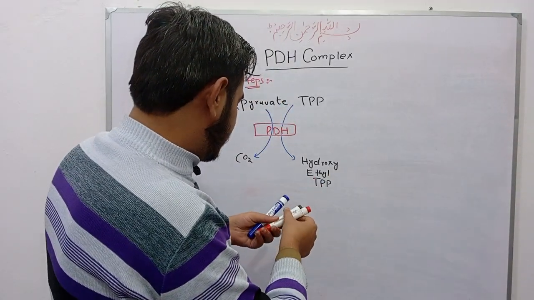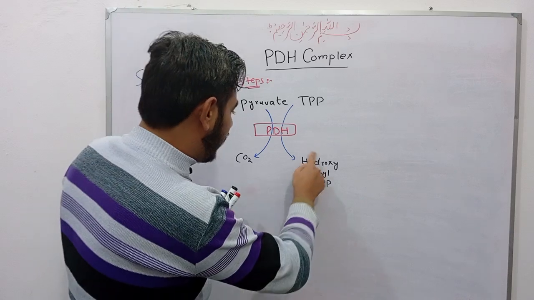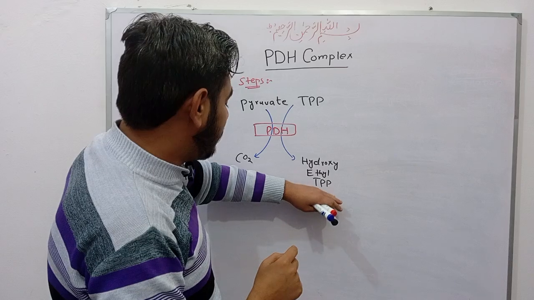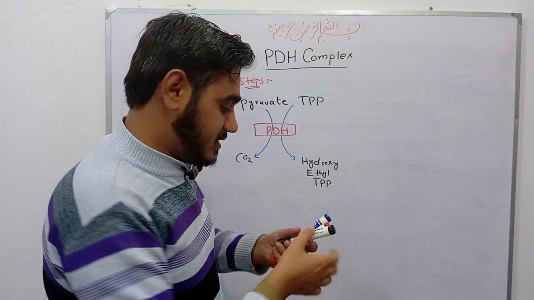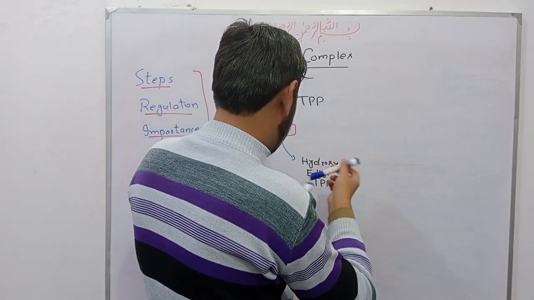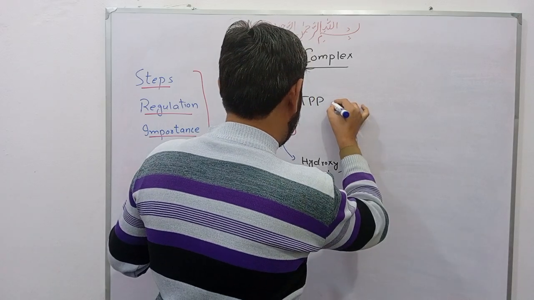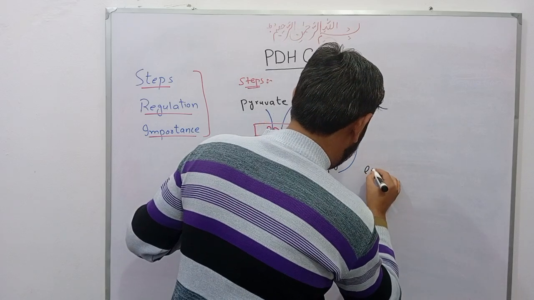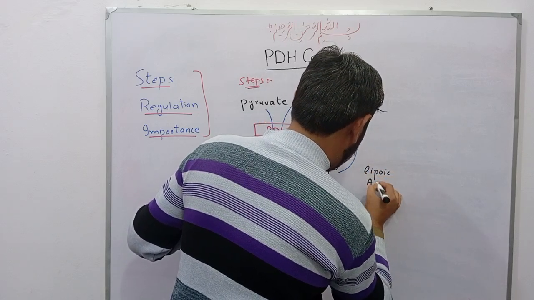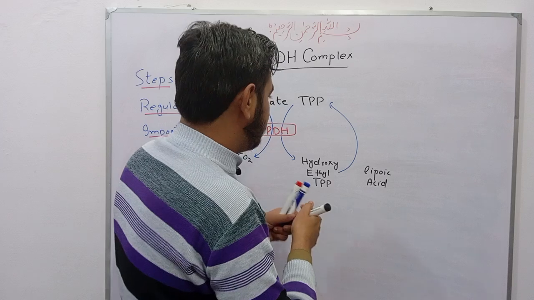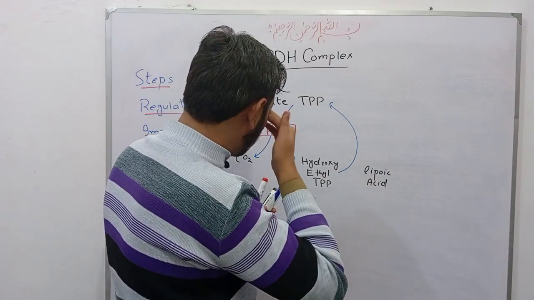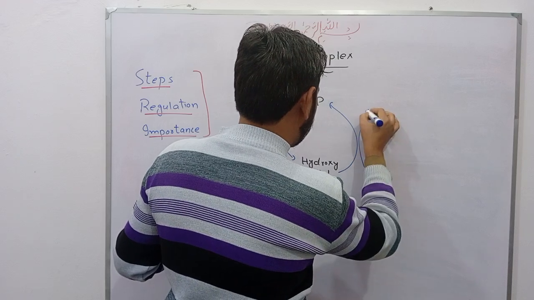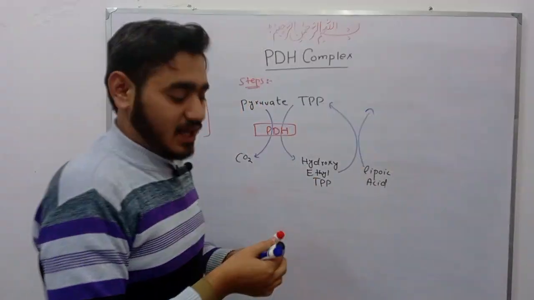In the next reaction, there is a transfer of the hydroxyethyl group from hydroxyethyl thiamine pyrophosphate to lipoic acid, and this lipoic acid converts into acetyl lipoamide.